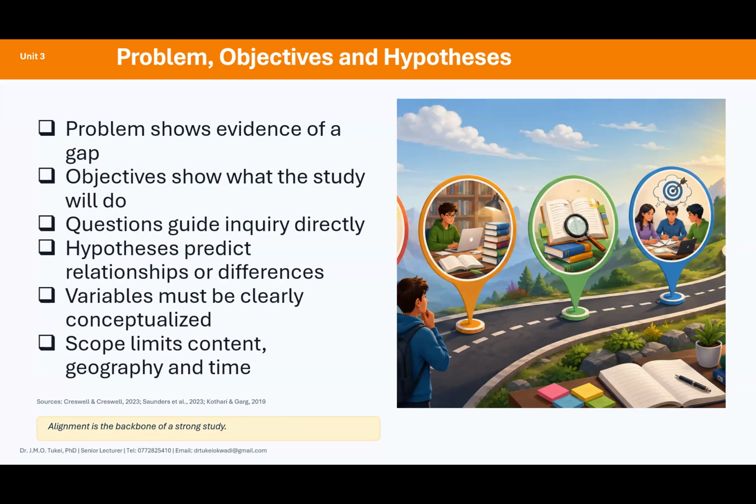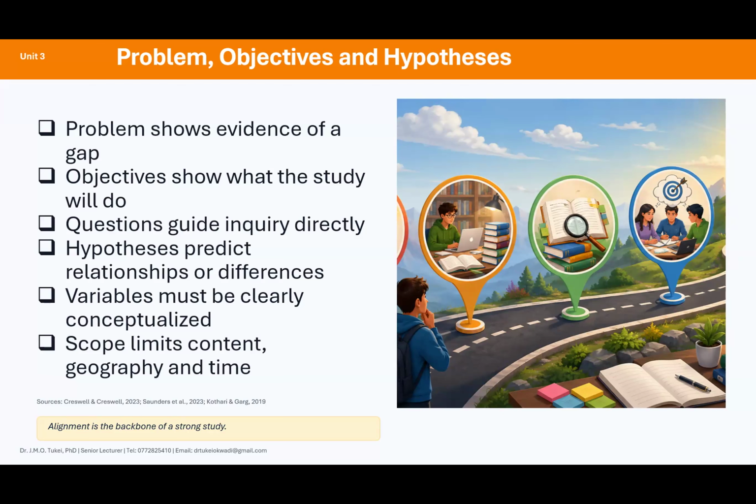It should identify the knowledge or practice gap and explain the consequences of leaving the gap unresolved. It should not merely state that a problem exists. It must demonstrate why research is necessary. This is what you ought to understand, and we need to get this right.